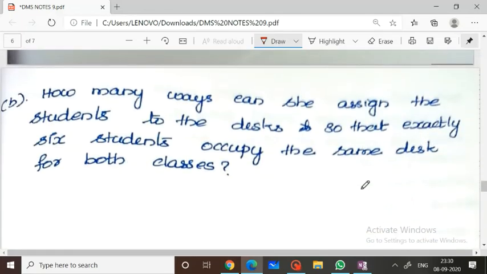Now there is a second part of this question, part B. In how many ways can she assign the students to the desks so that exactly 6 students occupy the same desk for both the classes? How will you do this?